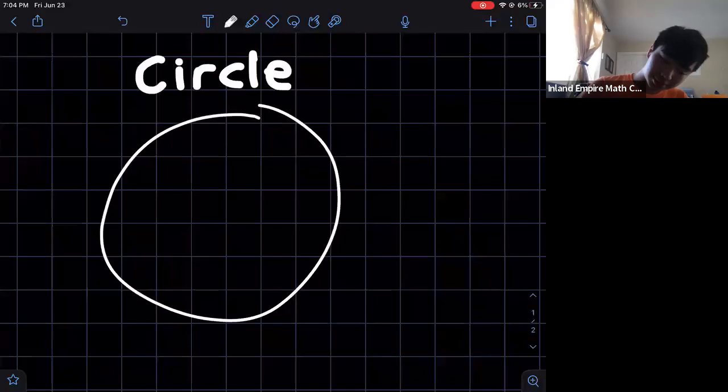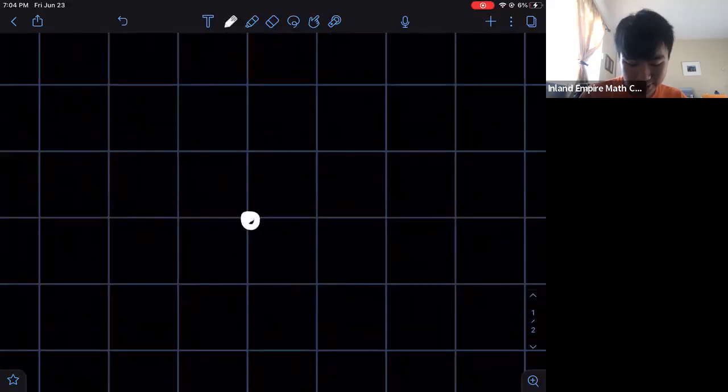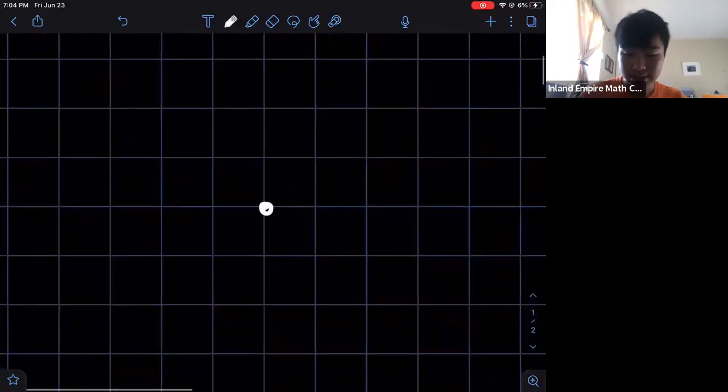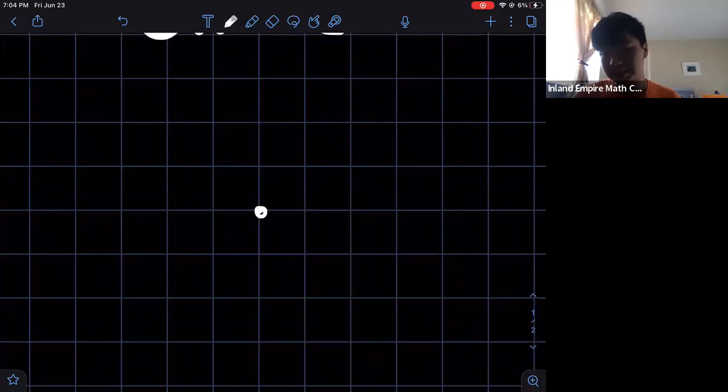Well, a circle is, in essence, where you have a center point like this, right? If you have a center point, then you can draw all of the points that are a certain distance away. Let's say that we want our distance from the center point to be 3. So one point right here is going to be 3.